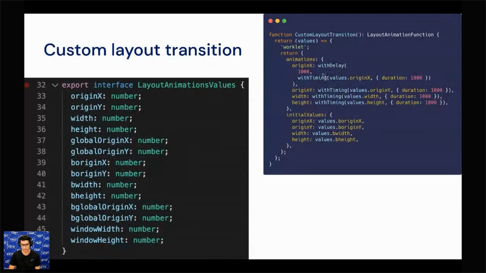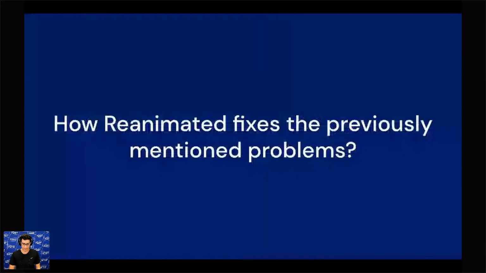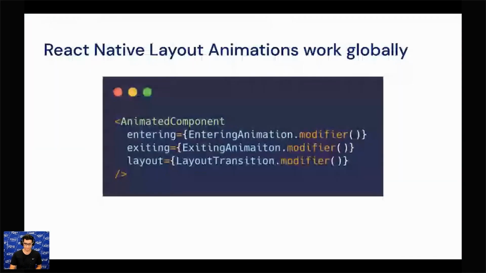We're setting a with delay animation with 1 second delay, and then we will call with timing animation. You can use here all of the animations that are available in the Reanimated library, and you can also write your own custom animations and use them here. So you can use here with delay, with sequence, and all of those things that we have there. Yeah, and that's basically it when it comes to custom layout animations.